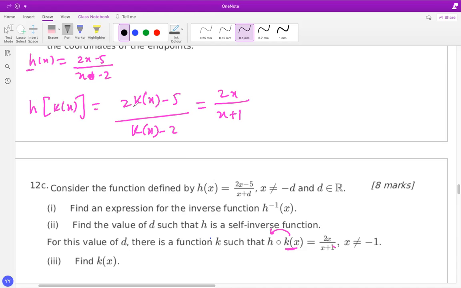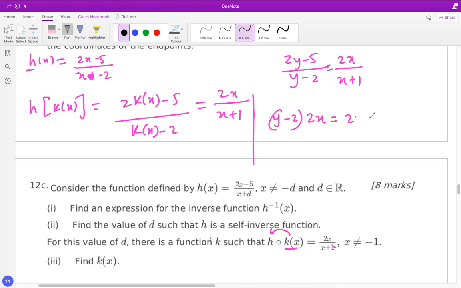Now, if I take k of x as, let's say, y, so 2y minus 5 upon y minus 2 equals 2x upon x plus 1, I just need to solve for y. Cross multiply, you get basically (y minus 2) times 2x equals (2y minus 5) times (x plus 1).